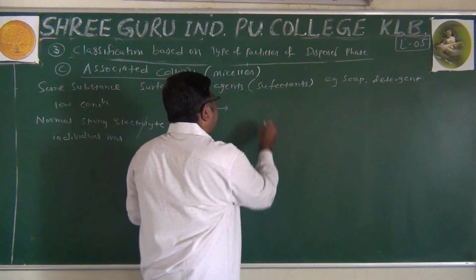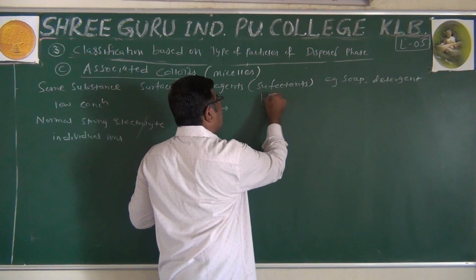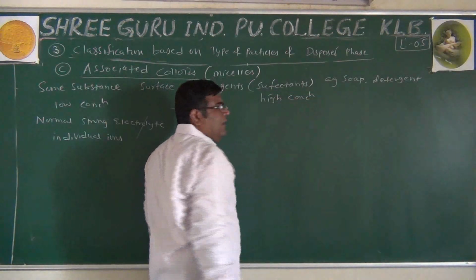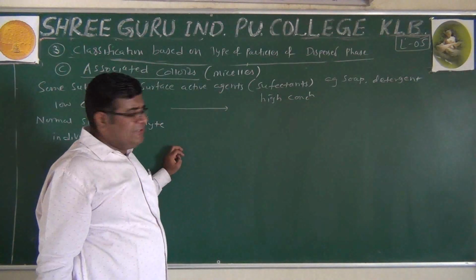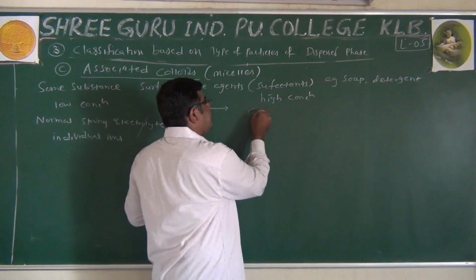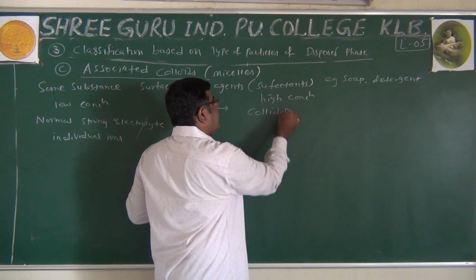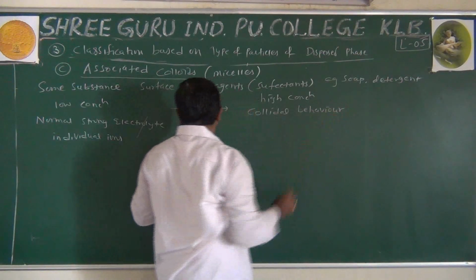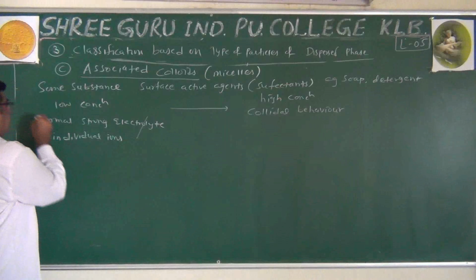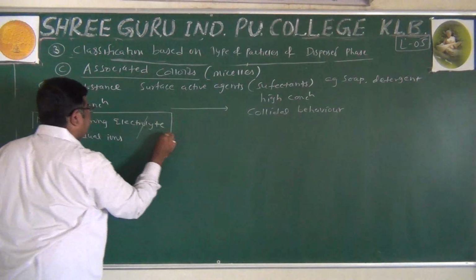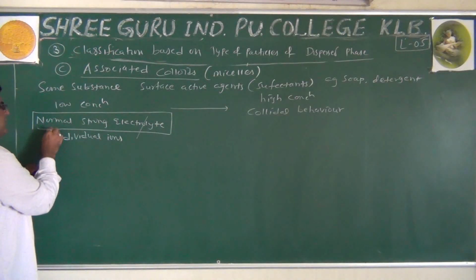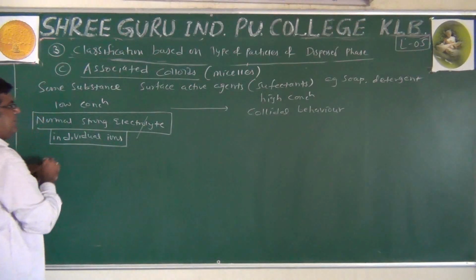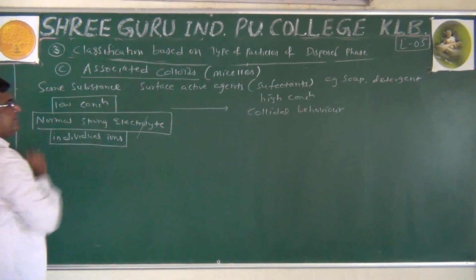When we increase their concentration, at higher concentration, we observe colloidal behavior in this normal strong electrolyte, which was otherwise present as individual ions at low concentration.